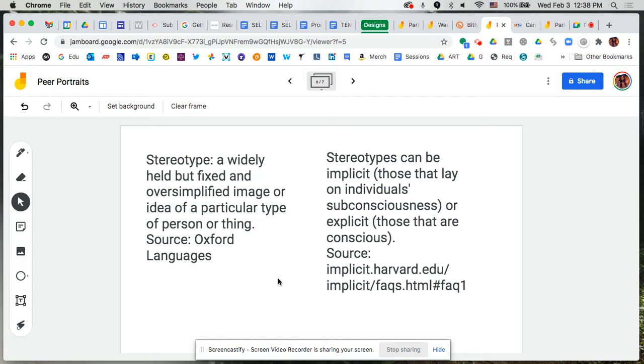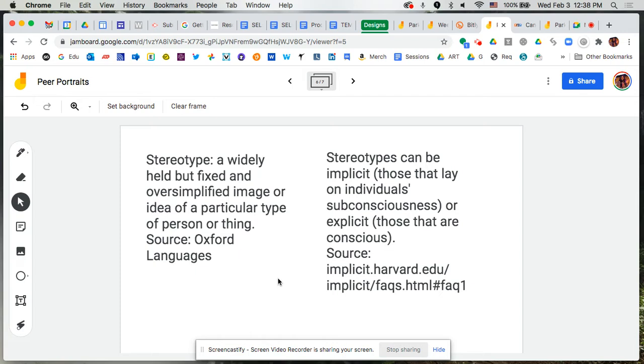So stereotype here, as you can see on the left-hand side, has a definition. It is the oversimplified idea of a particular person or groups of people. And so we're categorizing people based on perhaps the way they look, their hair color, the shape of their nose, maybe.